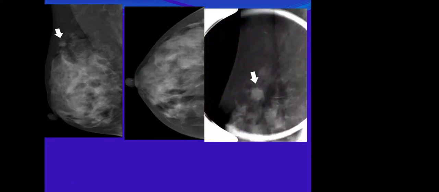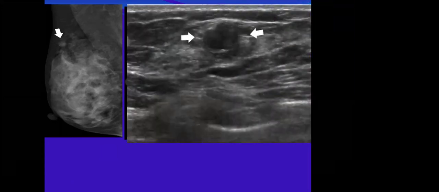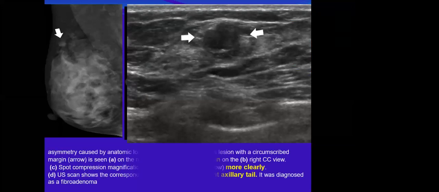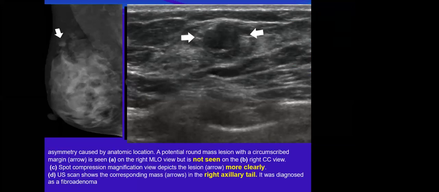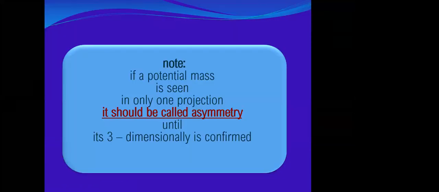The spot compression confirms the appearance of a mass, okay, and ultrasound the same, confirms there is a circumscribed mass, but I cannot say from the standard mammography view that this is a mass. I will report it at the beginning as a focal asymmetry, since it is seen in only one view.